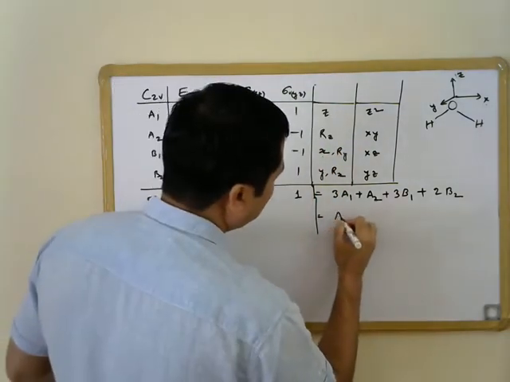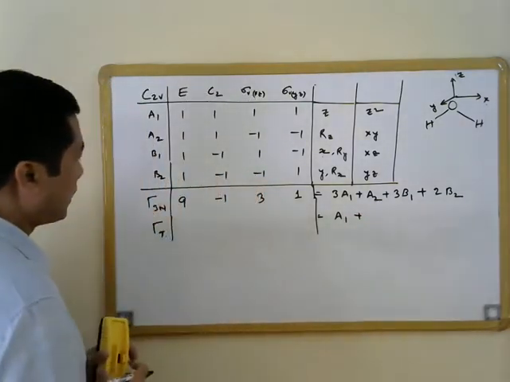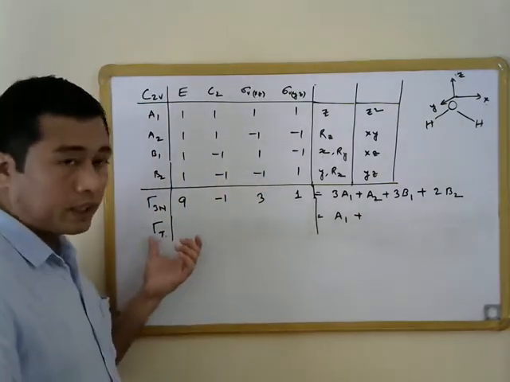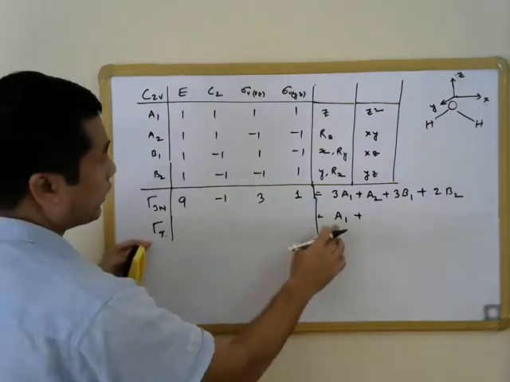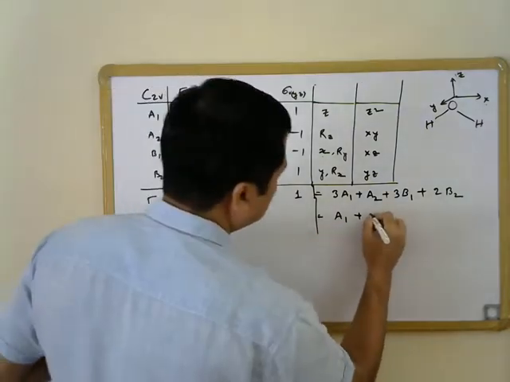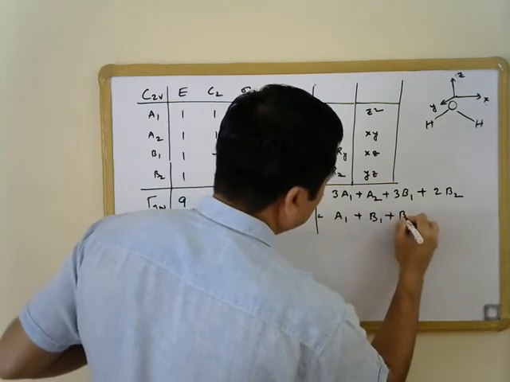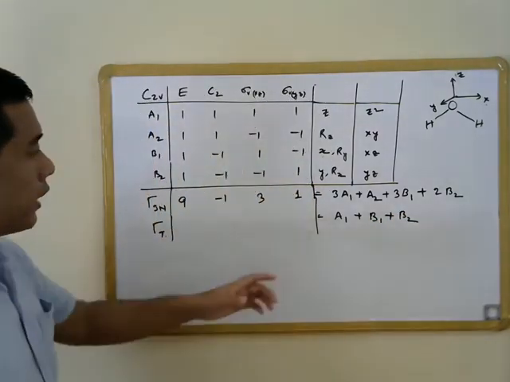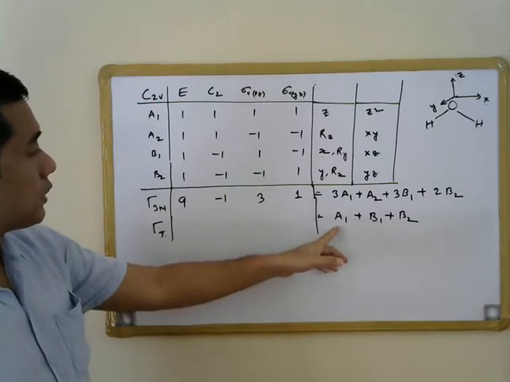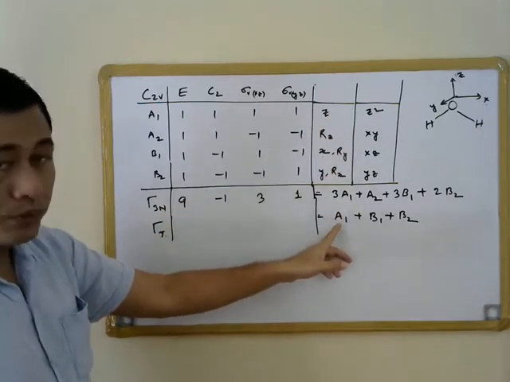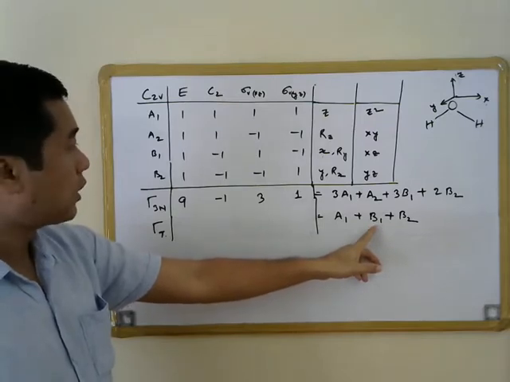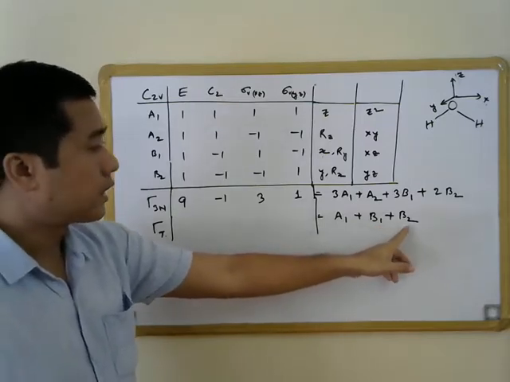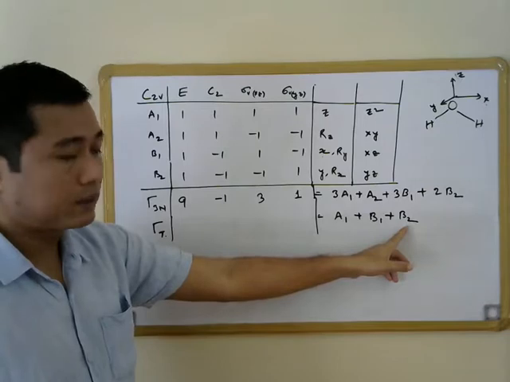So if we take gamma t and reduce it into its irreducible components, we will get the answer equal to A1 plus B1 plus B2, because translation along z transforms as A1, translation along x transforms as B1, and translation along y transforms as B2.